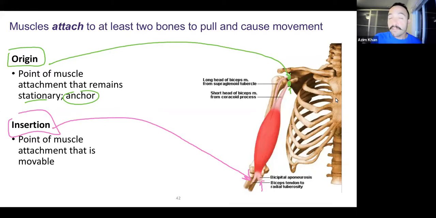So muscles have at least 1 origin and 1 insertion. This muscle, the biceps brachii, happens to have 2 origins and 2 insertions. But you need that point of where you can grab and pull. This muscle grabs and pulls and shortens, so it causes flexion here at your humeroradial ulnar joint.